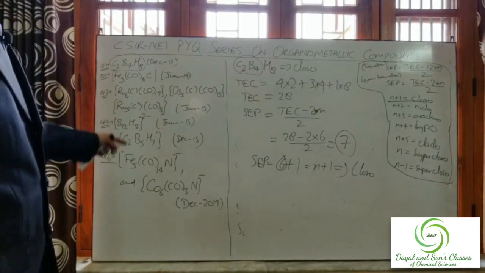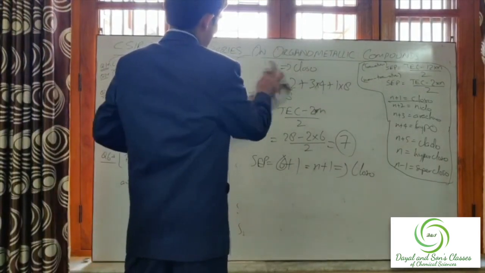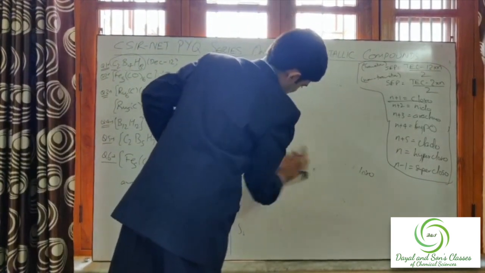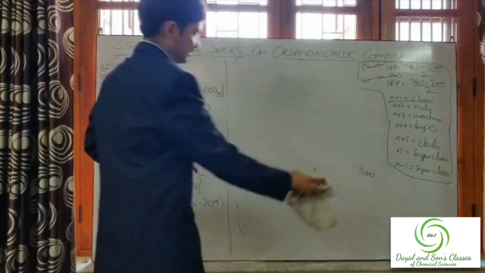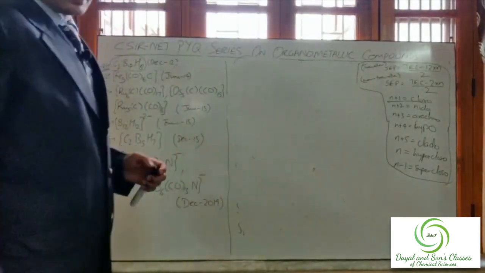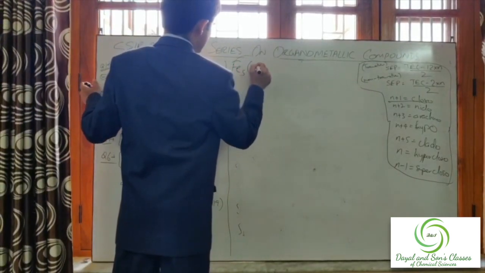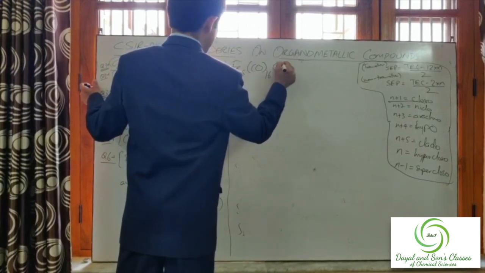Now let's see the second question that was asked in June 2014. It says find out the cluster type of Fe5(CO)16C.